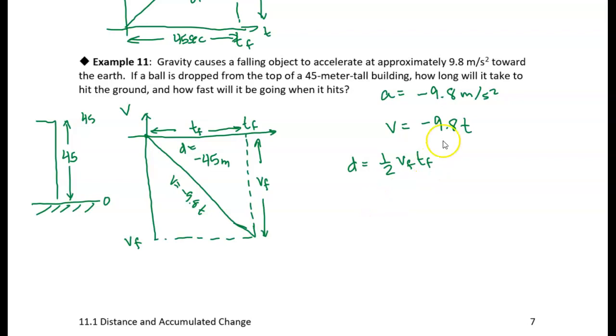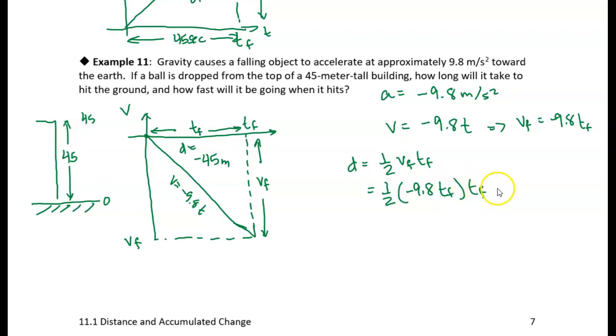Now we know that my final velocity is equal to negative 9.8 meters per second squared times whatever the T final is. So I can make that substitution in here: 1/2 times negative 9.8 T final times T final.